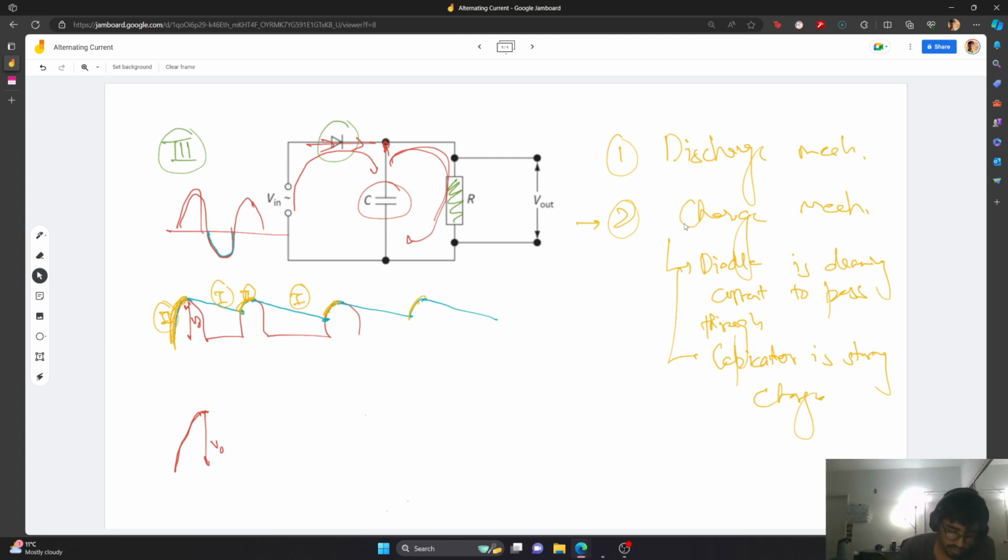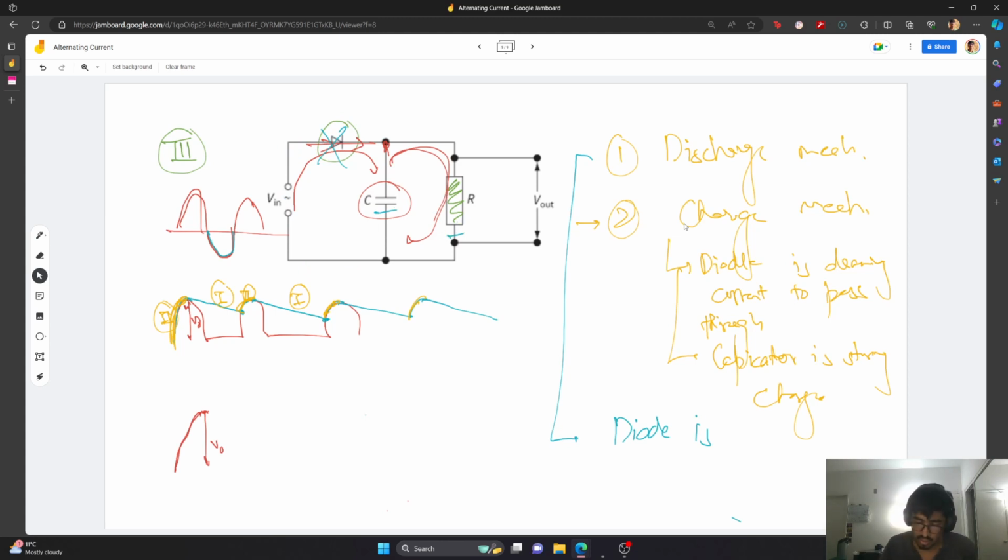But when it tries to discharge, the diode is open, because the current is trying to flow the opposite way, so it breaks the circuit here. None of the left side is important. It just becomes a capacitor and a resistor essentially.